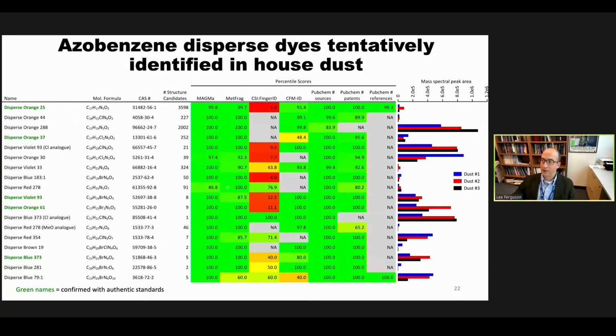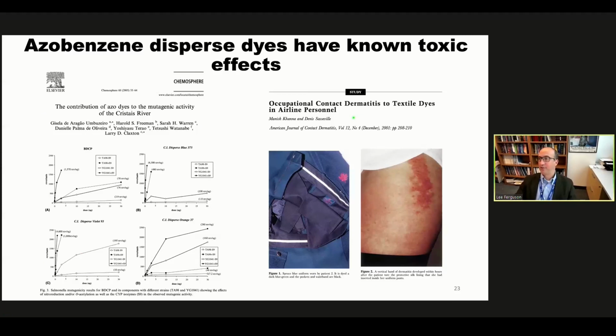We used this approach to map our entire data set for our dust samples, and we were able to identify a number of different disperse azobenzene dyes in these samples with high confidence based on both our metadata as well as all of our fragmenter data. We care about these compounds, of course, for relevance.